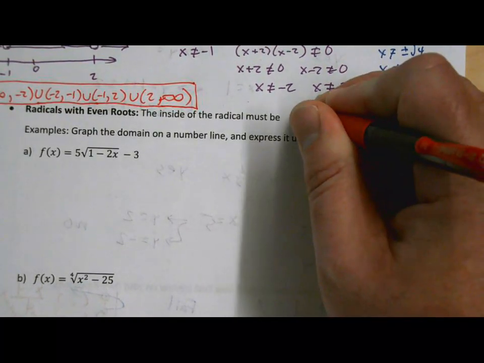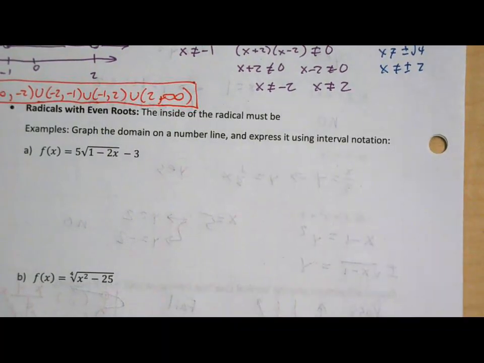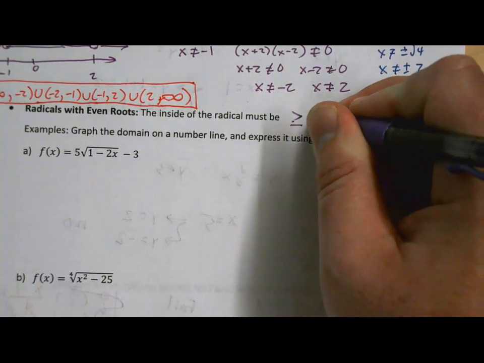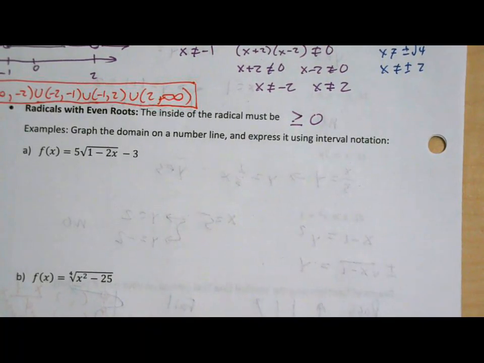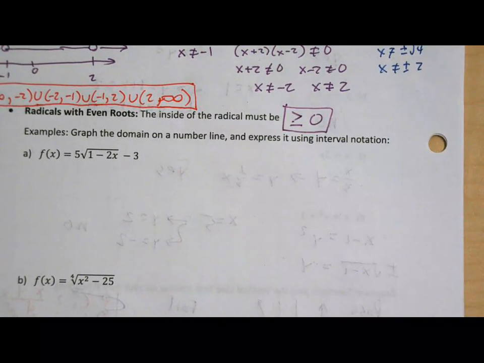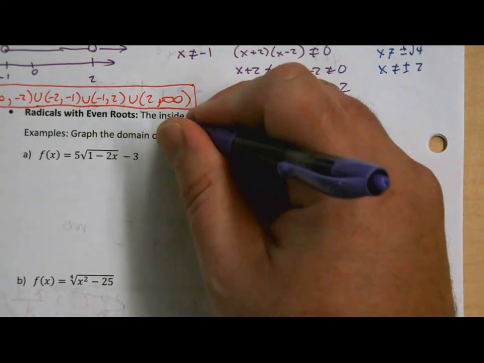So it must be greater than or equal to 0. You can take the square root of 0 and get a real answer. So greater than or equal to 0 is our restriction for radicals. By the way, the thing inside of a radical is called the radicand.